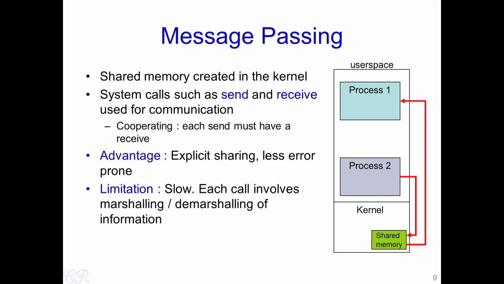Therefore, message passing is quite slow compared to shared memory. However, it is less error prone than shared memory because the kernel manages the sharing, and therefore would be able to do the synchronization between the process 1 and process 2.